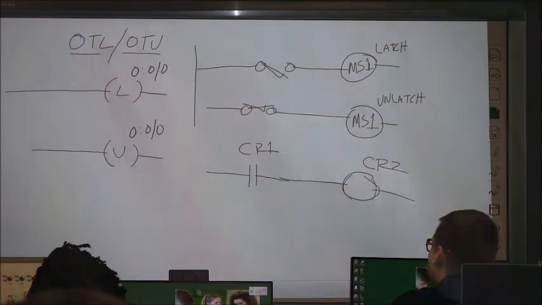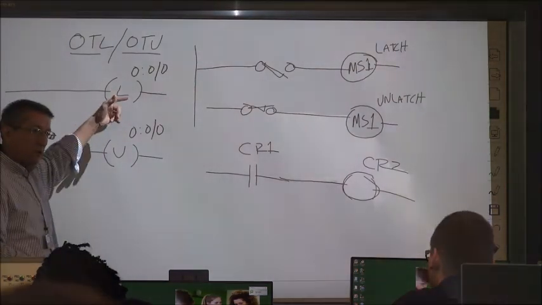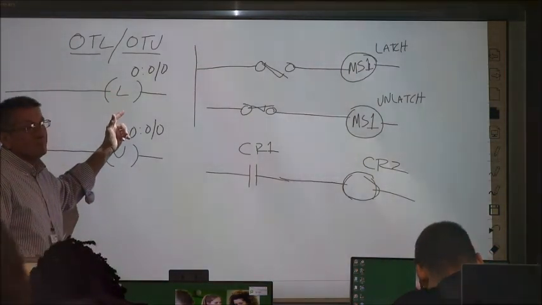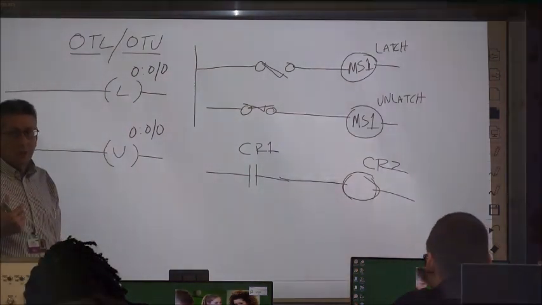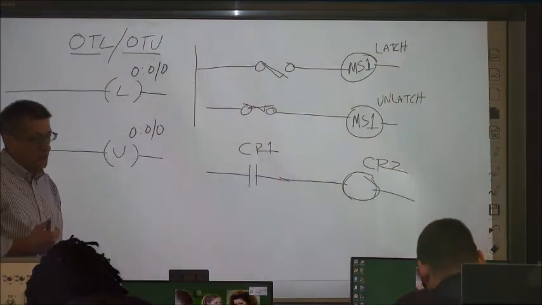You never want to latch up real world outputs, although I say this, some of the labs we're going to be doing next time, the author has you doing that.